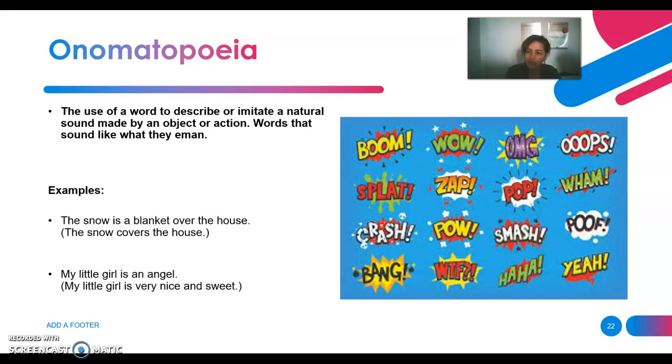When you see something that you like, oh, OMG, oops, splat. Pretty much any sound that you can think of is an onomatopoeia. Now some examples are the ones over here. Oh, disregard this. All right, let's move on to our last word.